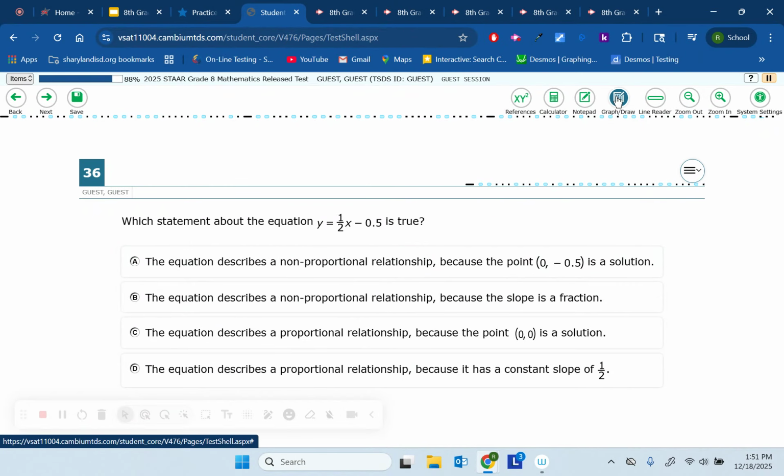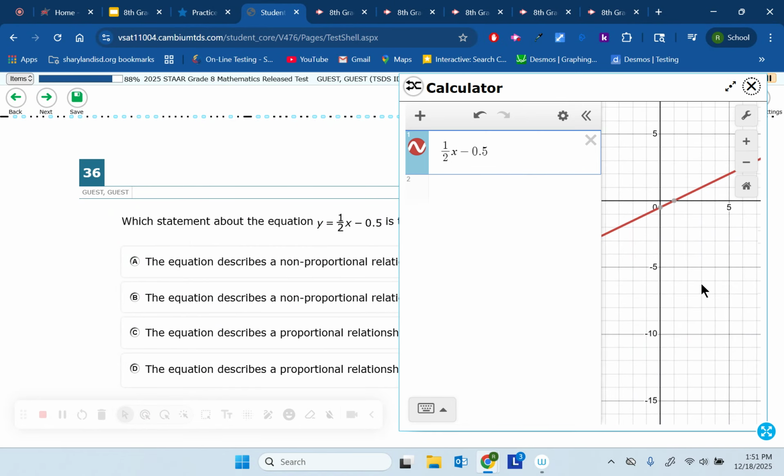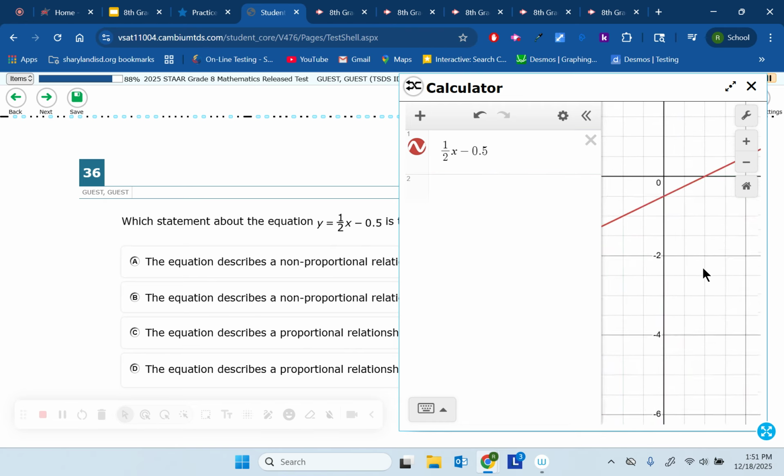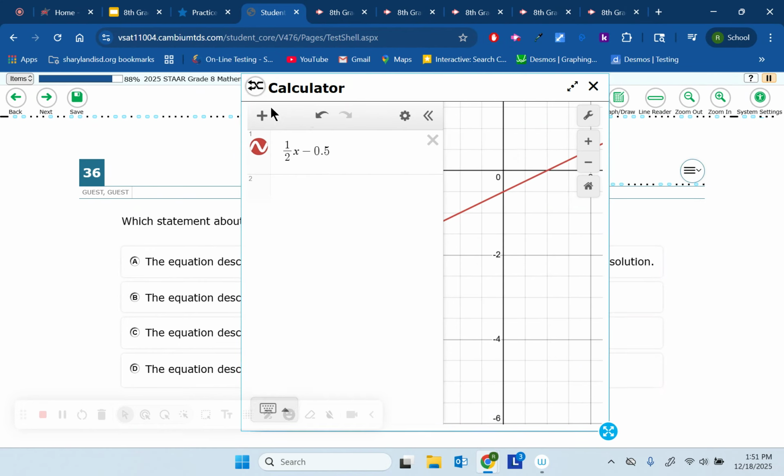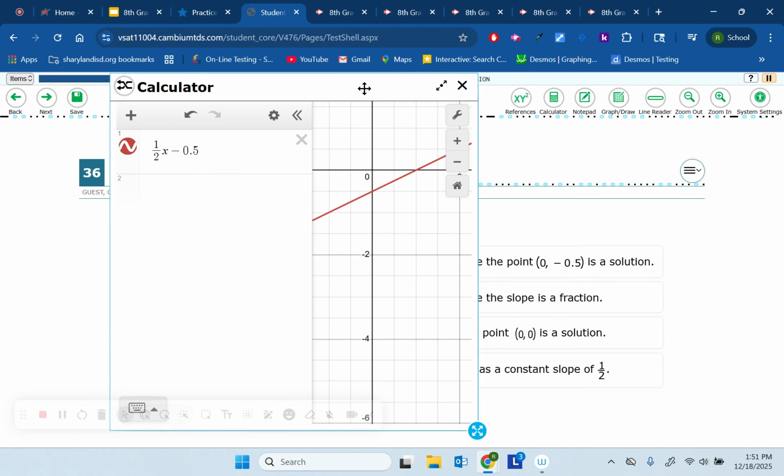All right. So, in my opinion, this is an incorrect statement. A very incorrect statement. For this one here, see, 0, negative 0.5 is not a solution.